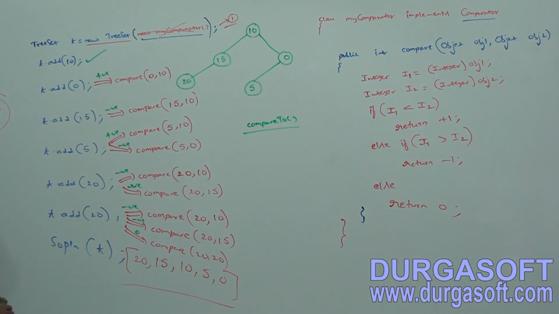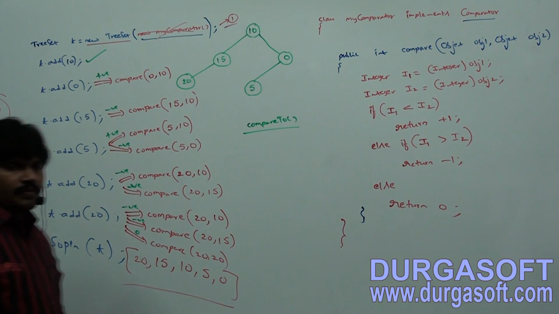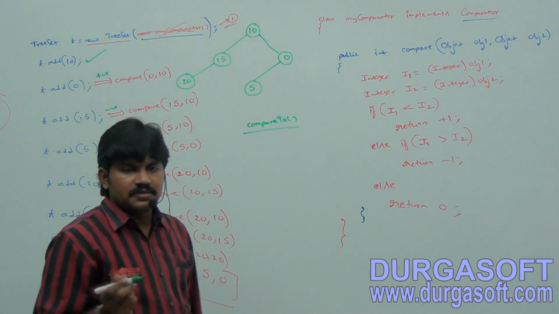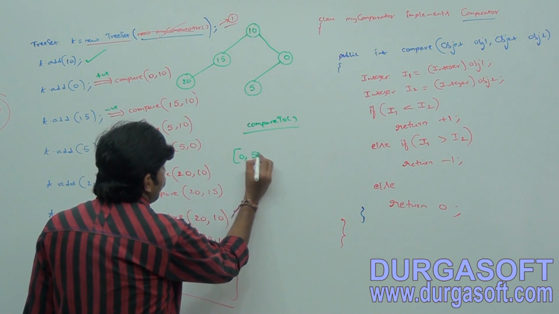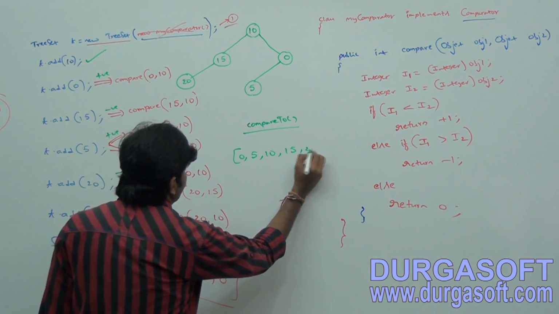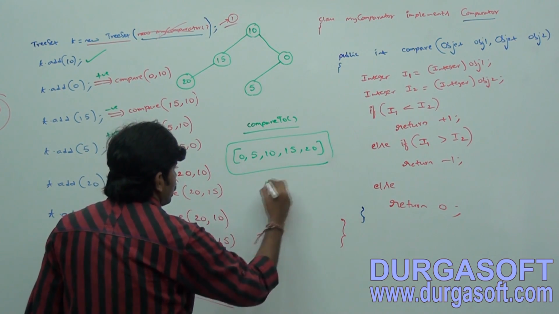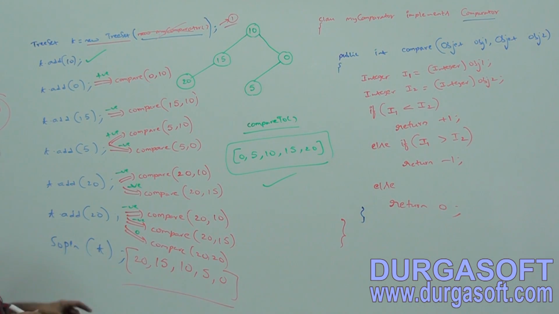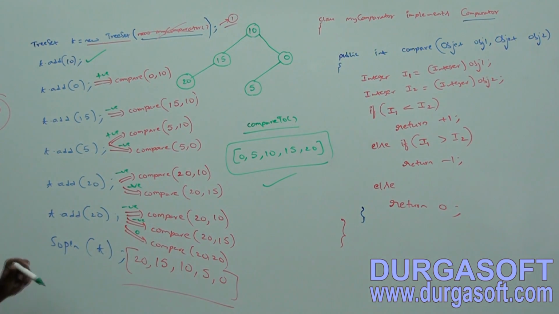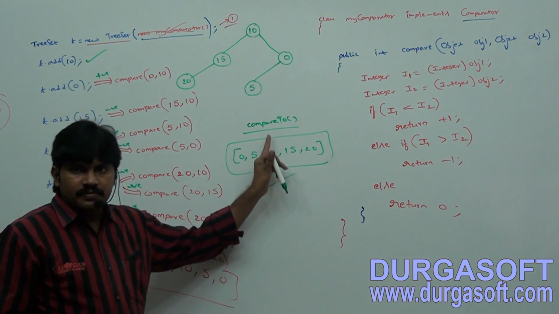In this case, can I spell out the output we are going to get? 0, 5, 10, 15, 20. In this case the output is 0, 5, 10, 15, 20. Are you getting it?